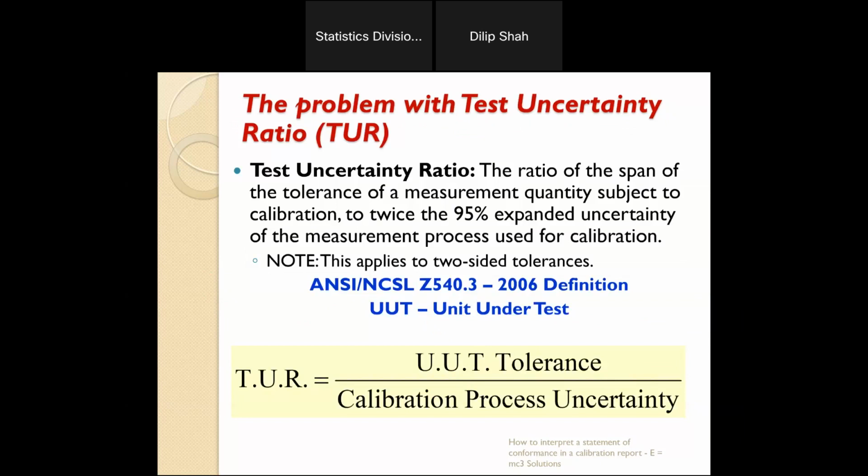So that's one bad thing about it. And we have better tools available to us now just in Excel. The previous slides I showed you were created using Excel, and that's how I was calculating those probabilities of false accept in there.